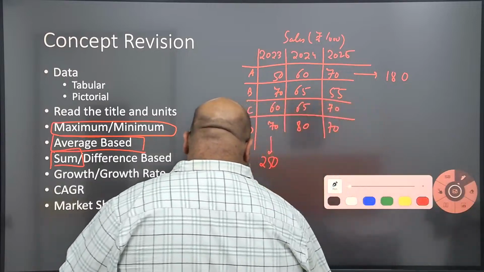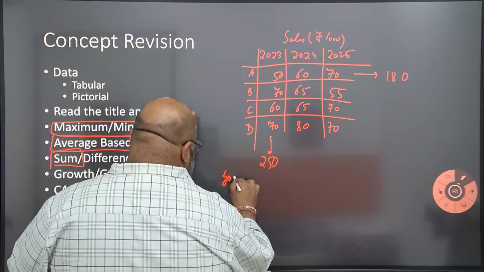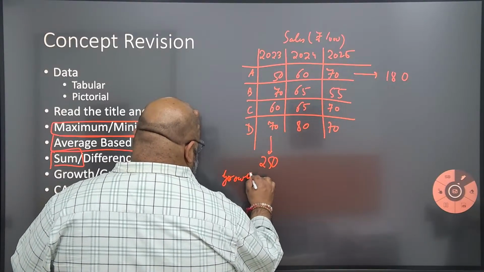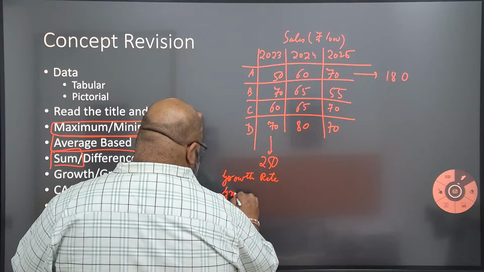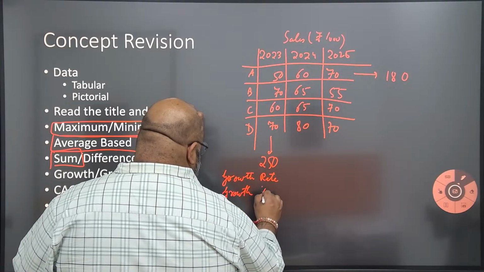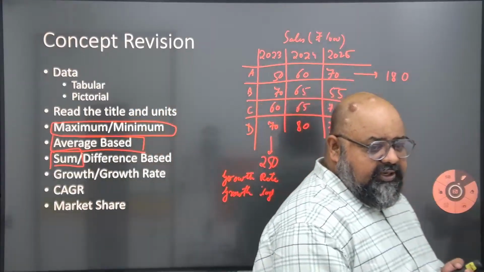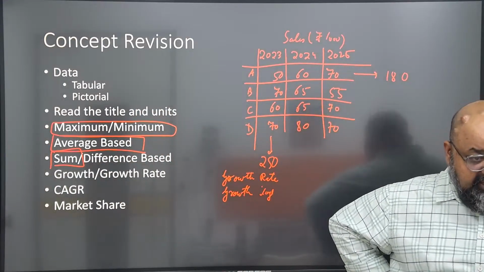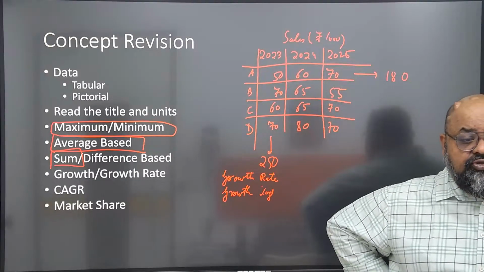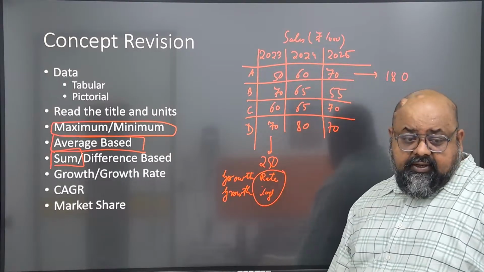Just to be sure of these terms, one term that I am using is growth rate, or growth percentage. What is the difference between these 2? How is growth rate different from growth percentage? Rate and percentage are the same thing. There is no difference.